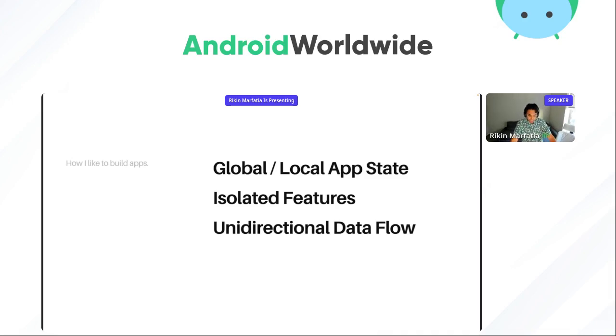In a similar vein, I also like having some isolated features with clear inputs and outputs, but otherwise they don't really care too much about the outside world, which makes it easy to fake input and develop these sample applications that are like mini applications that you can run in a sandbox.